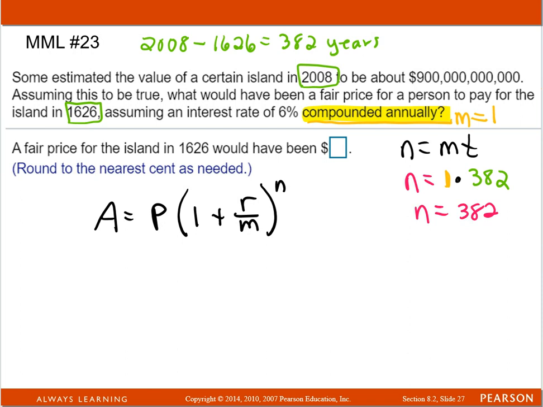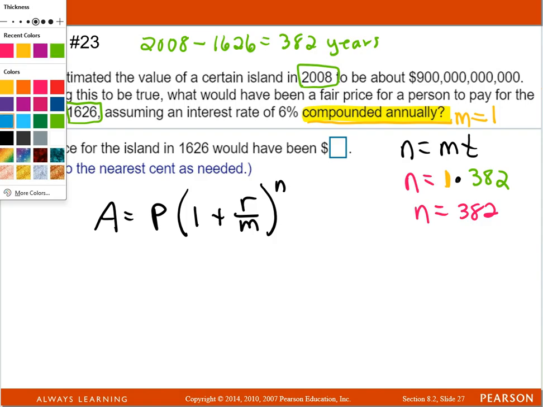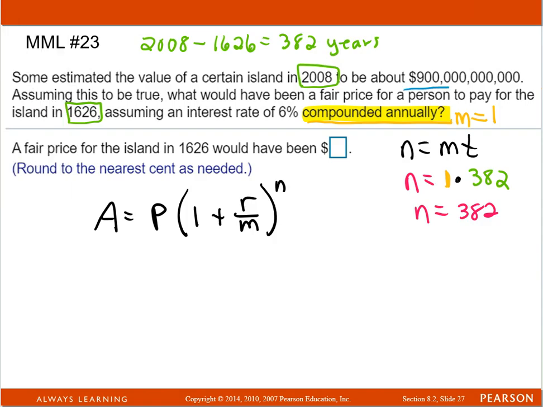My future value is the 9 billion. That is your A right there. So put the 9 billion here, or not 9 billion, 900 billion, my bad. 900,000,000,000 equals, P is what we're looking for.